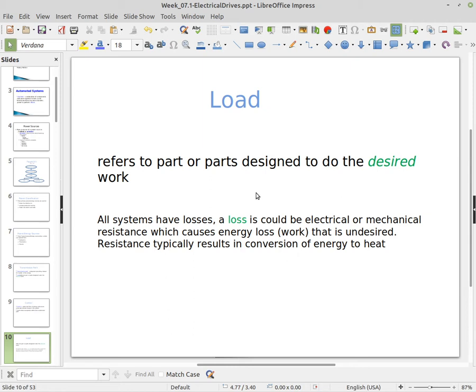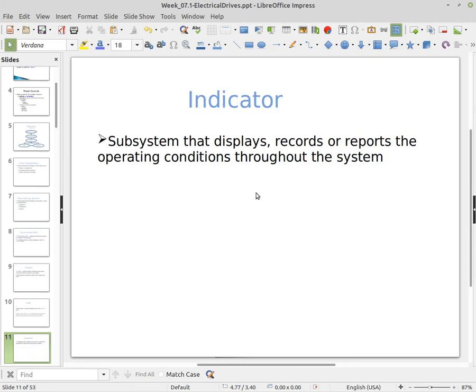That loss is undesired, number one, and typically that loss results in taking that energy from the power source and converting it into heat. Indicators is a general term referring to the subsystem that's going to display, record, or report the operating conditions throughout the system.